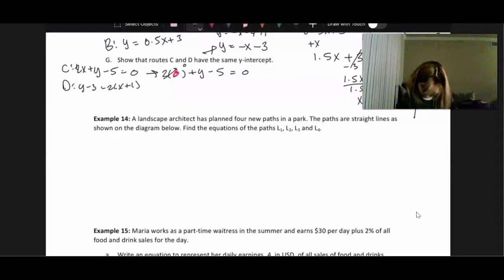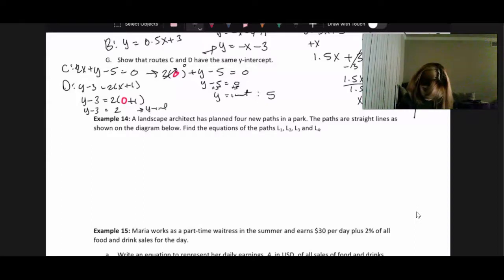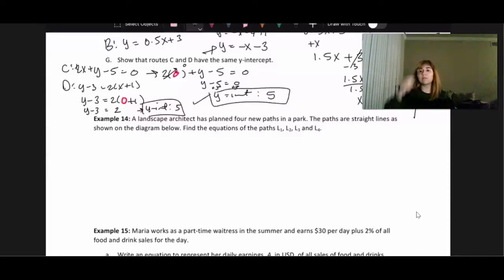That makes the 2x term 0, so we get y minus 5 equals 0. We add 5 to both sides. So this one has a y-intercept of 5. For D, y minus 3 equals 2, since my x is 0. Add 3 to both sides. We both have a y-intercept of 5.